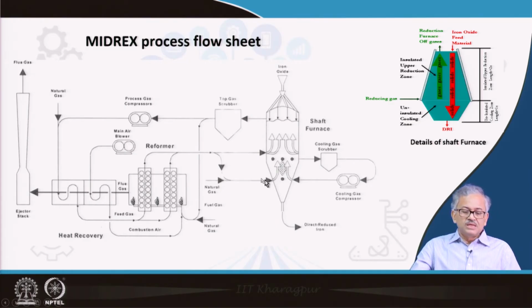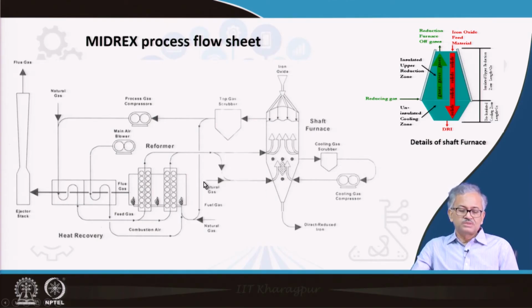So in this section, carbonization takes place by the cracking of hydrocarbon, that is methane, and this reducing gas directly joins here and moves up in the upper part of the shaft reactor, which is basically the reduction reactor. So here the major reduction takes place, and this gas is recycled in the lower part.